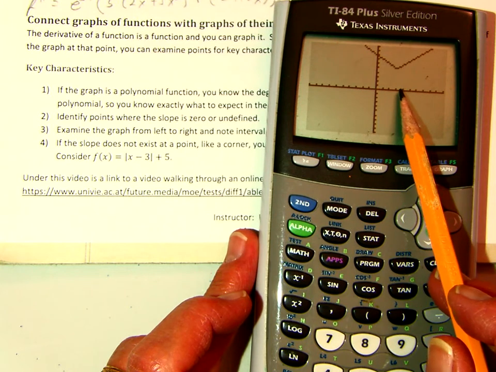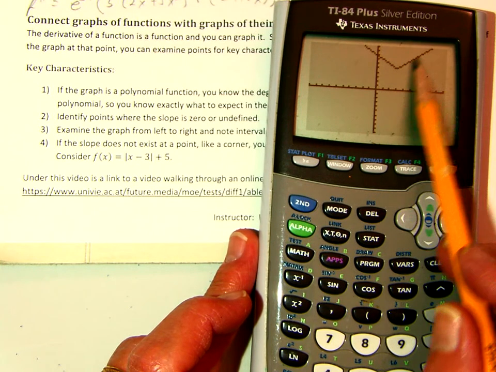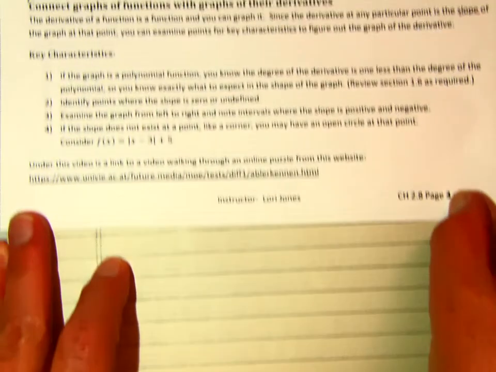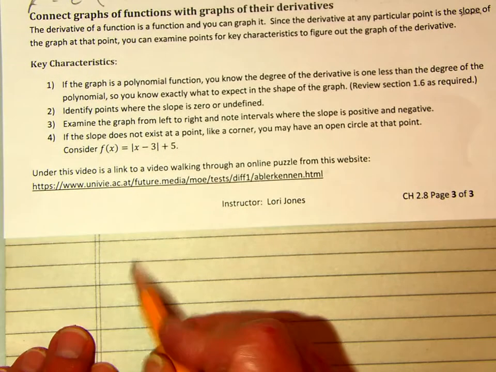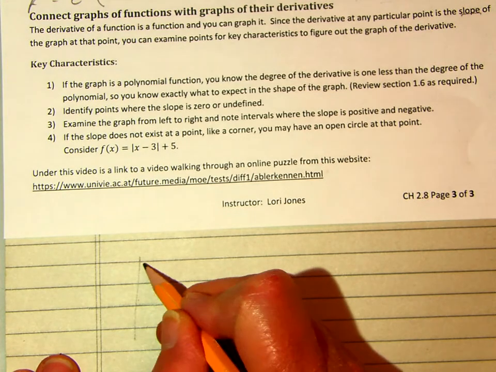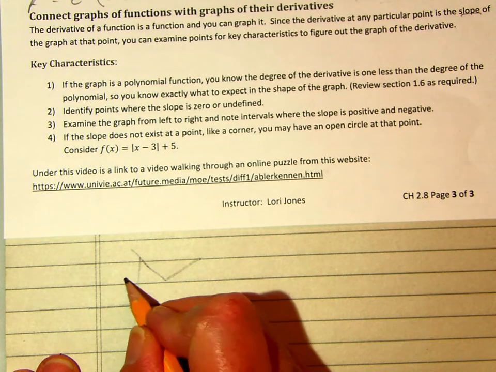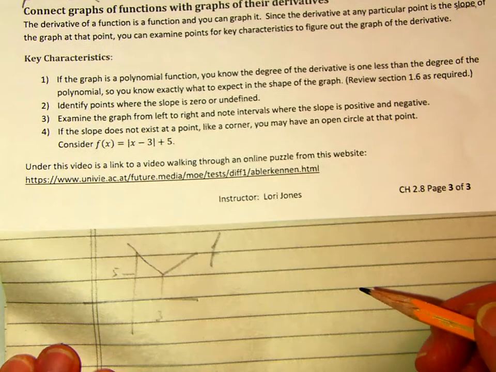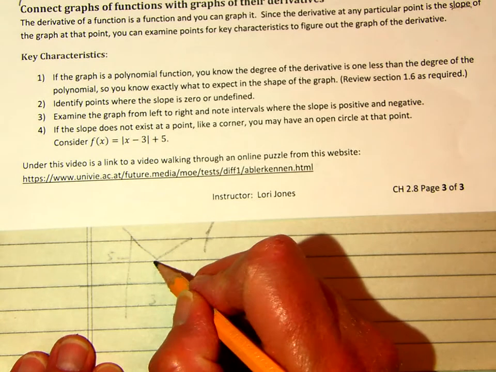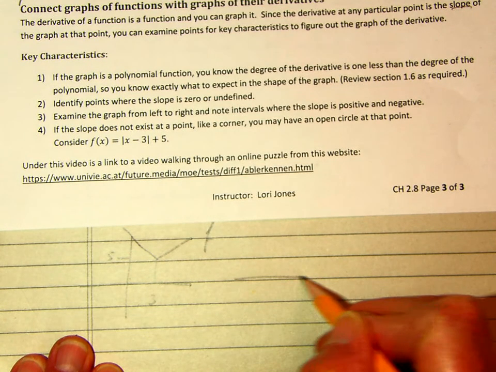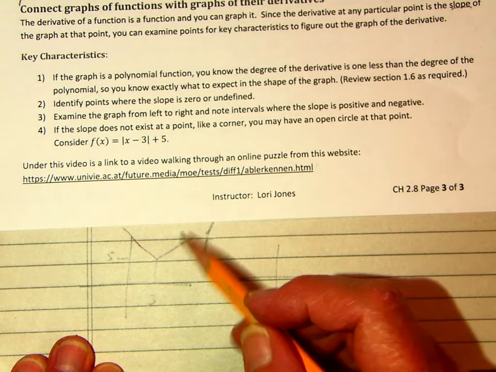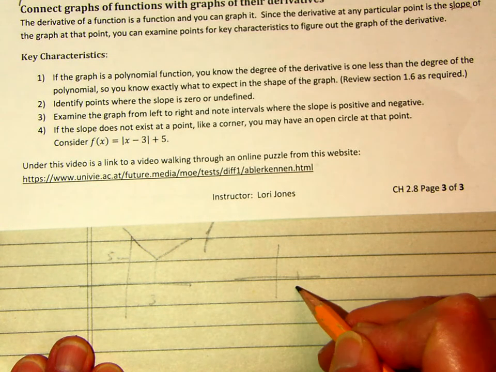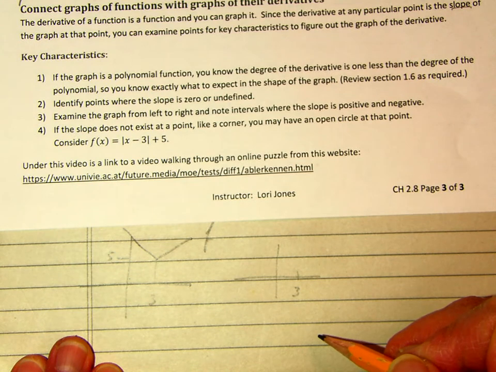So we're at 3, 5 is the point. So if this is my function, at x equals 3, the derivative is undefined.